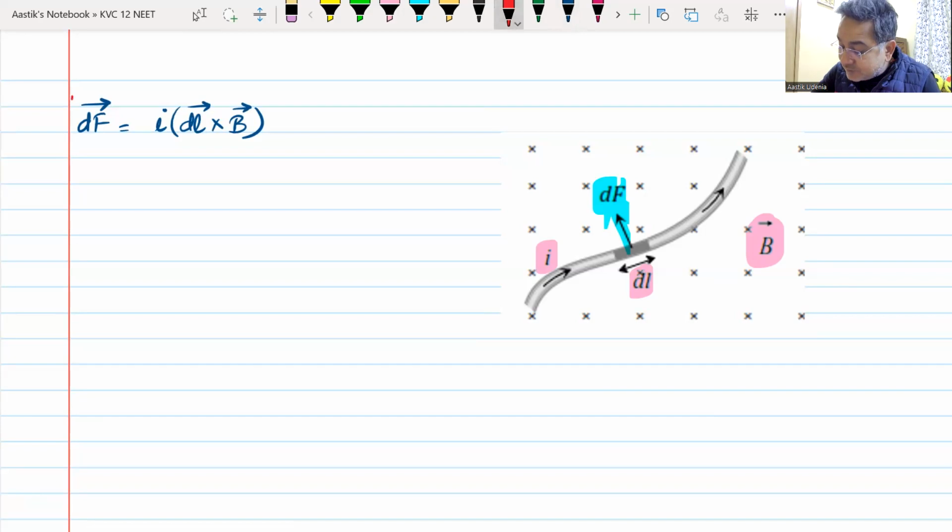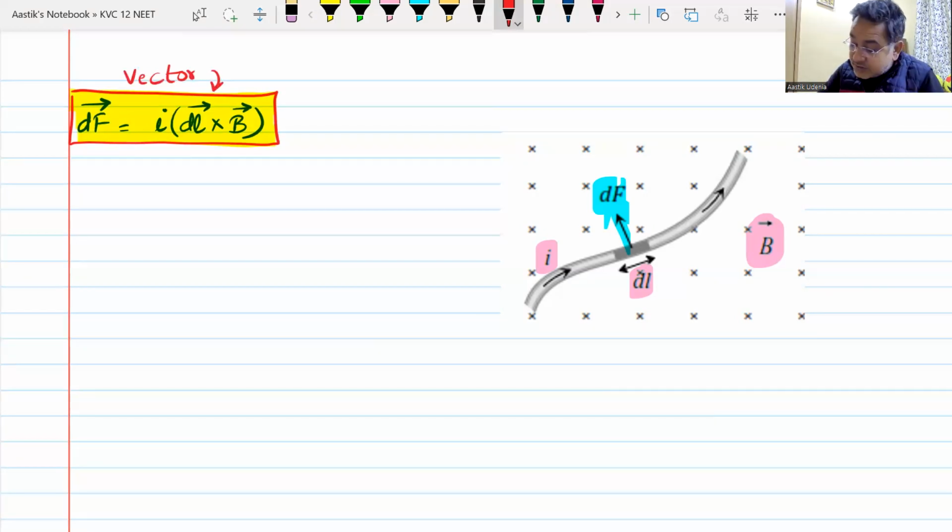This is the magnetic force exerted on a small segment of a current carrying wire when it is placed in a magnetic field. This is the vector form of the equation, which gives us both the magnitude as well as the direction of the force.